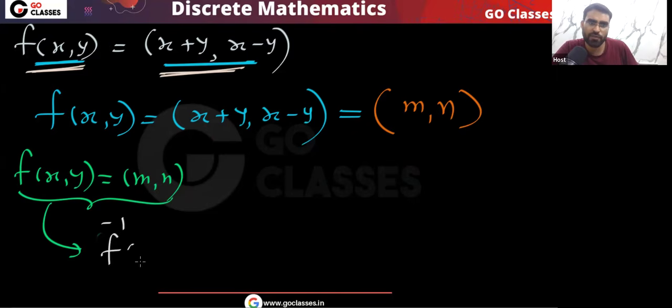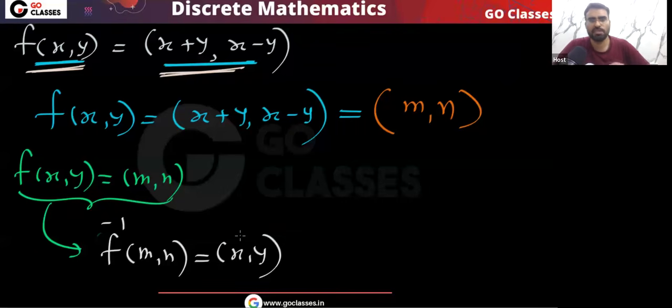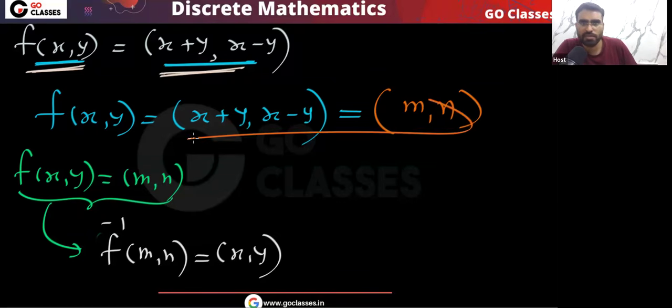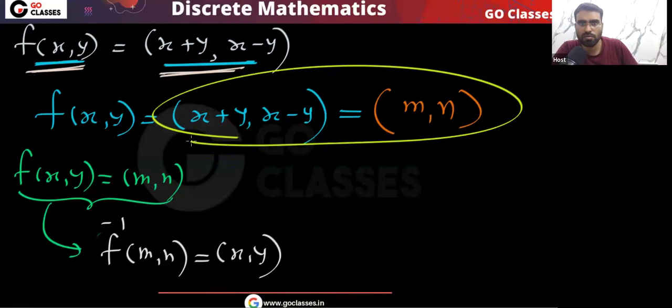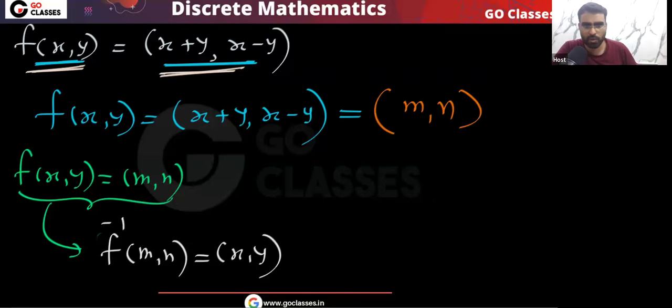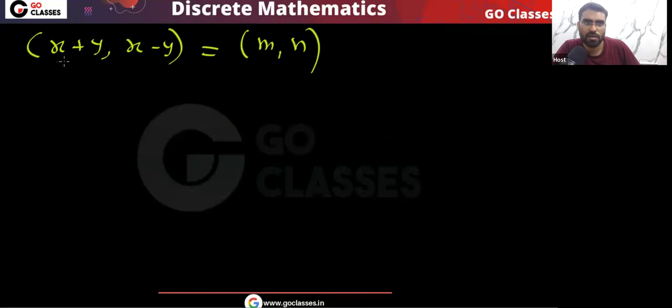You got f inverse of M comma N is equal to x comma y. Do you agree? Now let's find. This expression, x plus y, x minus y, we are assuming is M comma N. So from here, M is equal to x plus y.